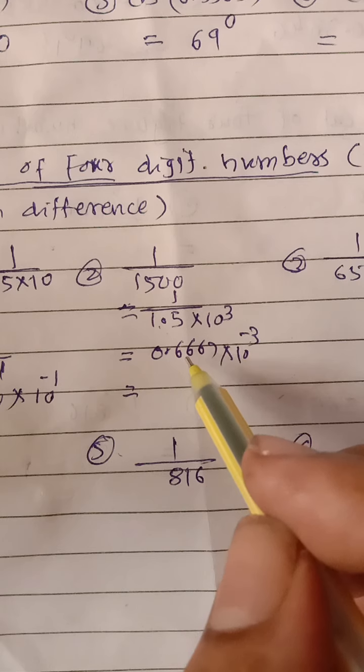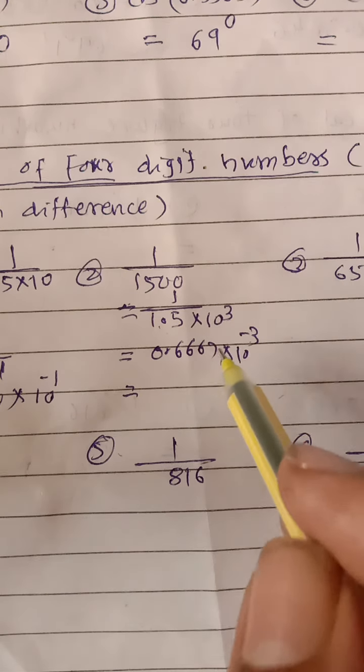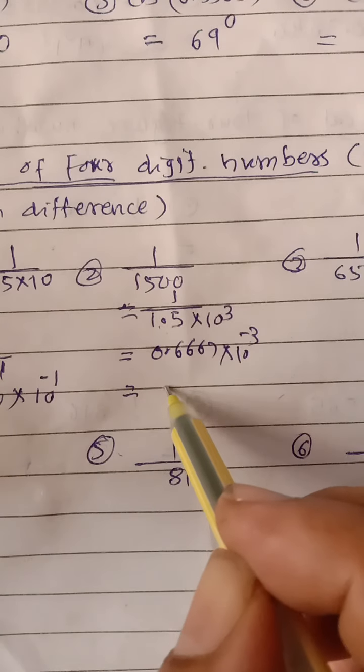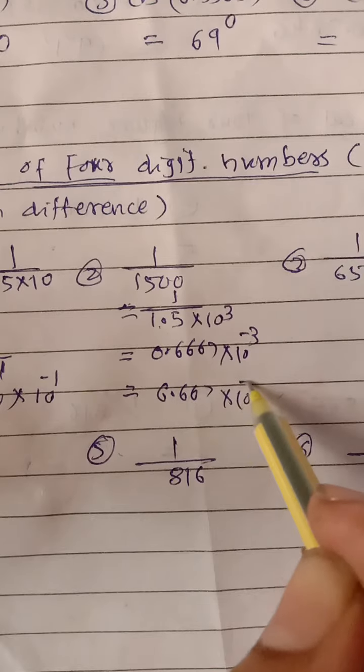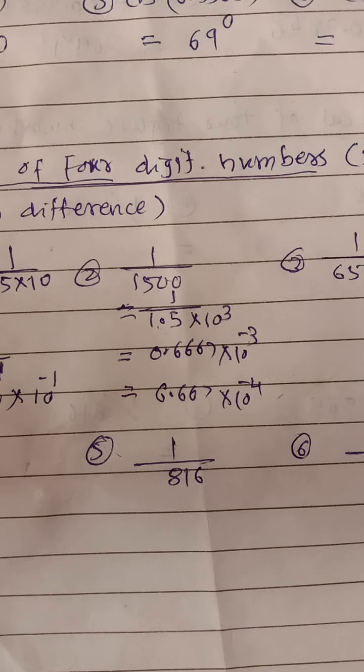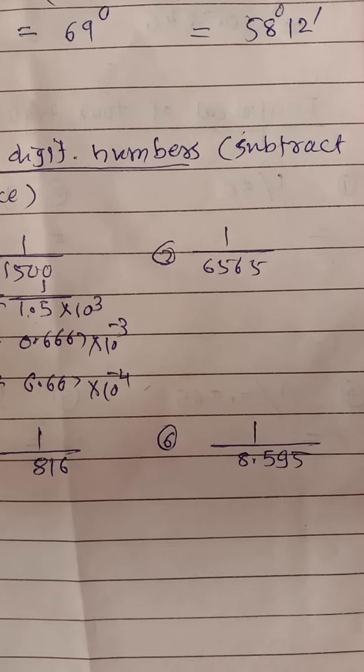That means it will be 6.667, written as 6.667 into 10 raised to -4. So this will be the reciprocal of the given number without considering mean difference.